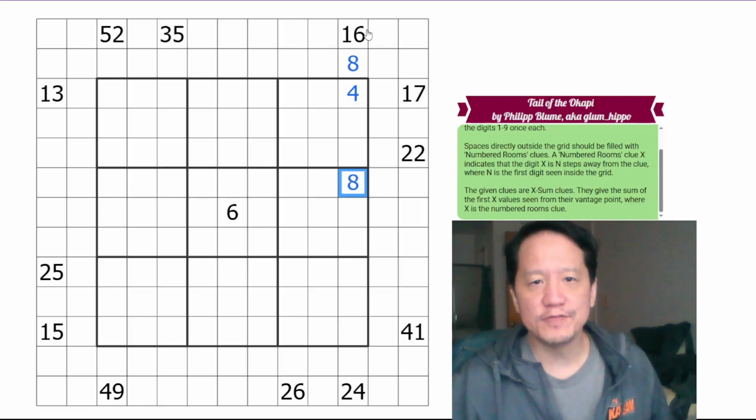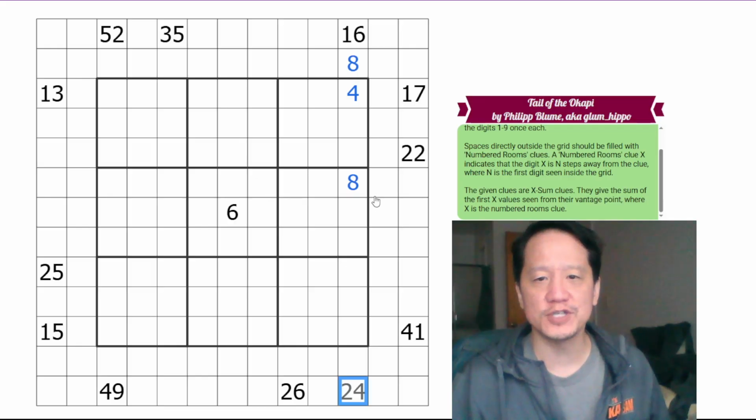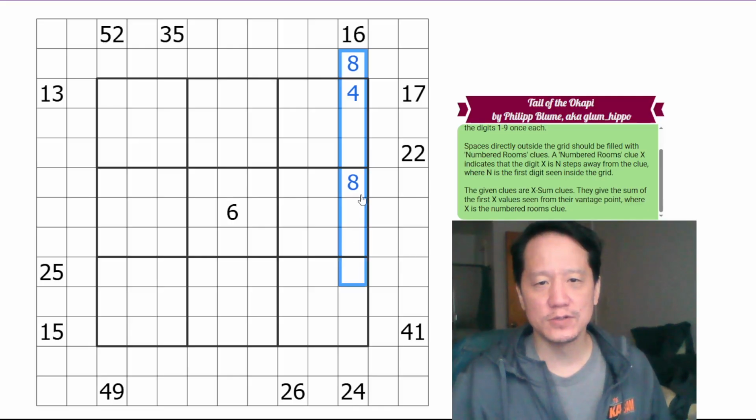We also have the given clues, which are X-sum clues, and they give the sum of the first X values seen from their vantage point, where X is the numbered rooms clue. So this would have to give the first 8 digits seen in this direction, which obviously would have some problems here, right? Because you'd have 8, 4, and 8 already adding up, and this must add up to 16, which is obviously not going to work.